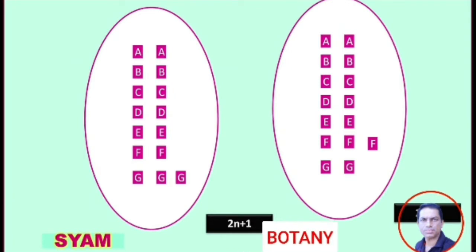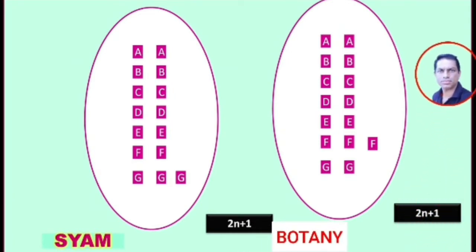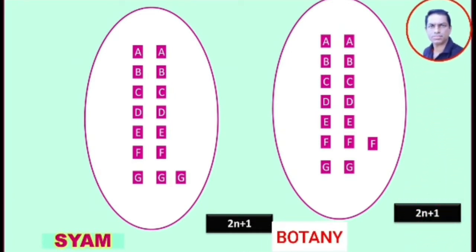This condition is called trisomic. The one individual chromosome may be G or F or D or C or B or A, whatever it may be.